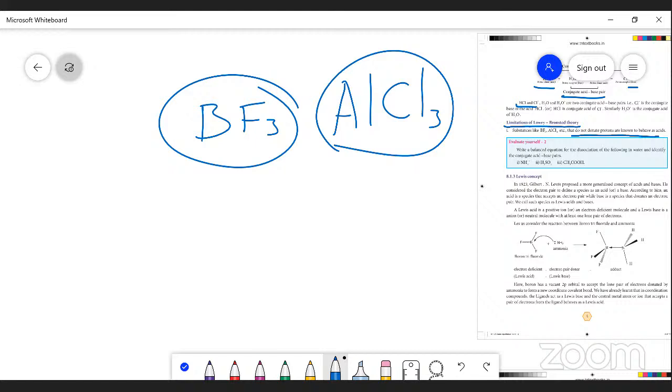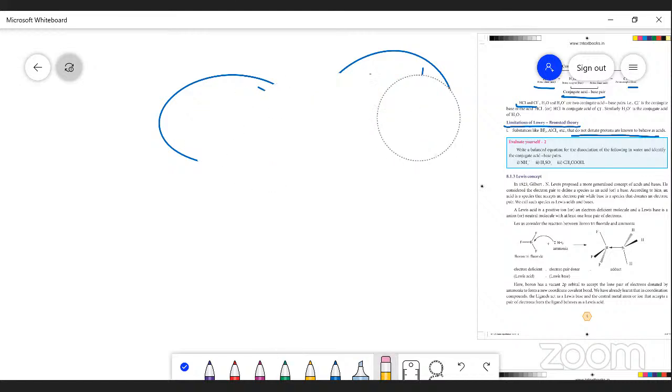Okay, let us do this. First one, evaluate part 1. What are they asking? The acid base, conjugate acid base based on the Bronsted-Lowry theory.